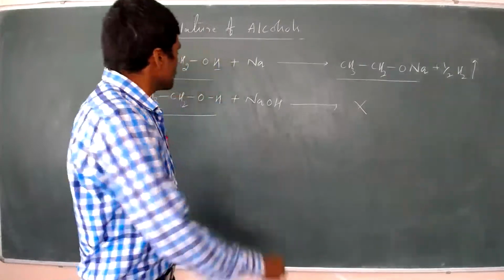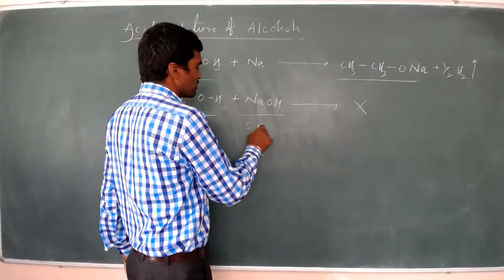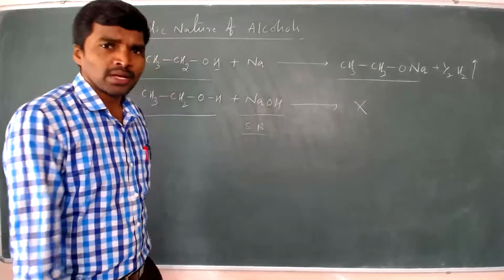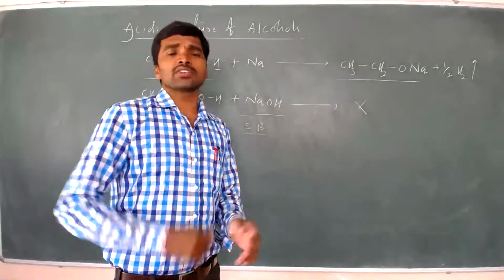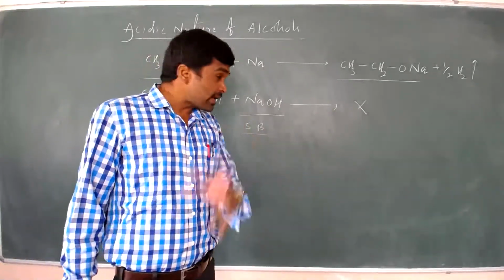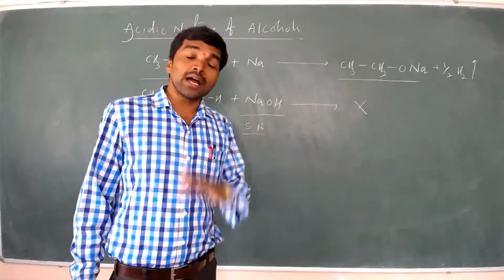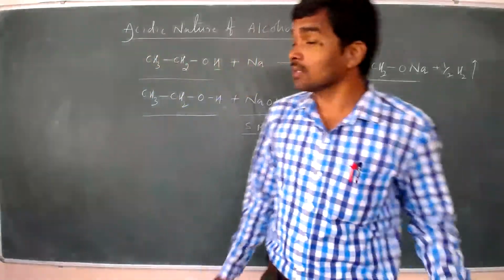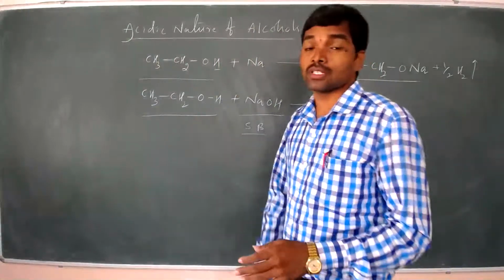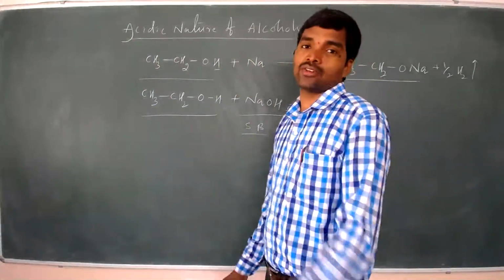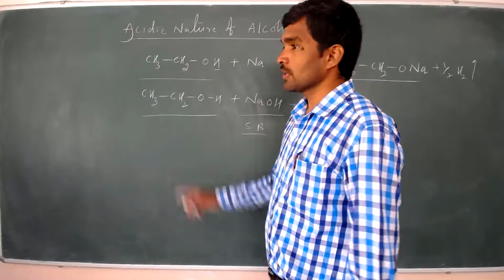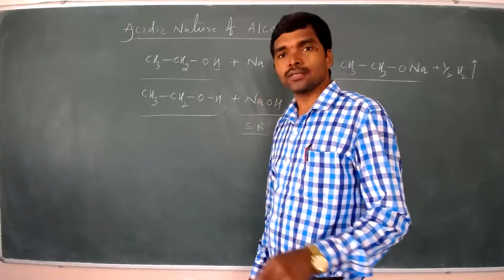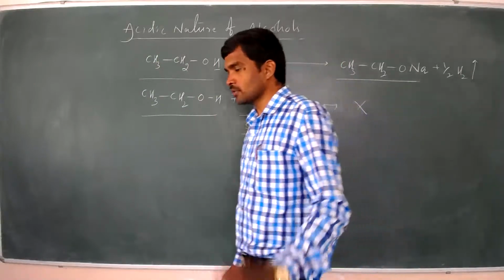Because sodium hydroxide is a very strong base, and reacts only with strong acids. It means those alcohols do not have that much acidic power. So we can say alcohols have low acidic nature only. Right.